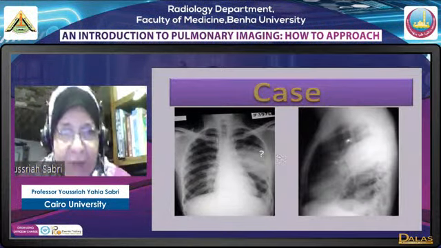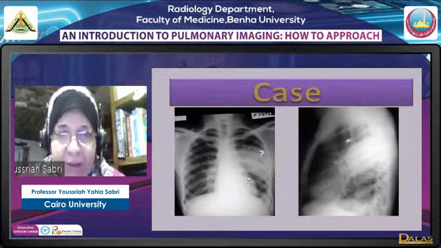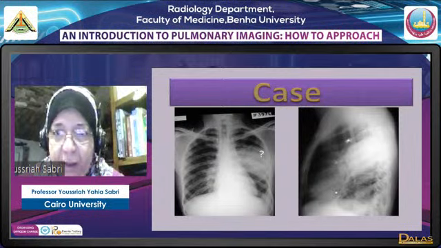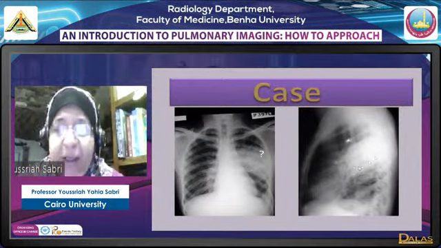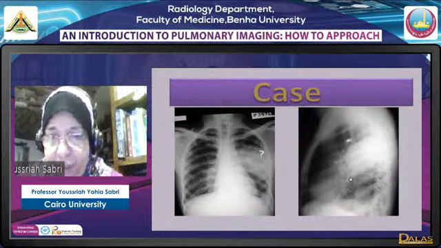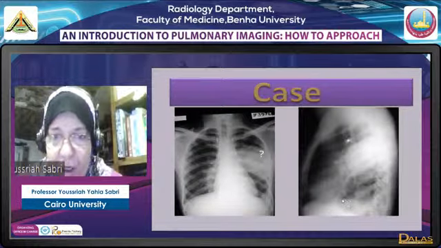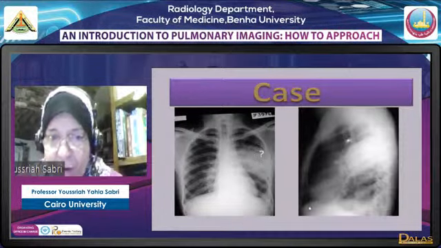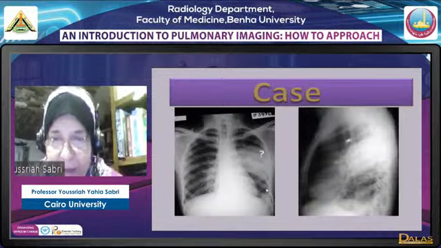Now coming here, we have a vague lesion in the PA film, a vague opacity in the middle zone of the left side, while the same lesion in the lateral film is well defined, more or less oblong in shape, and related to the major fissure, the left major fissure. So it was vague and here it is well defined, has a pleural relation, and there is an associated pleural lesion.